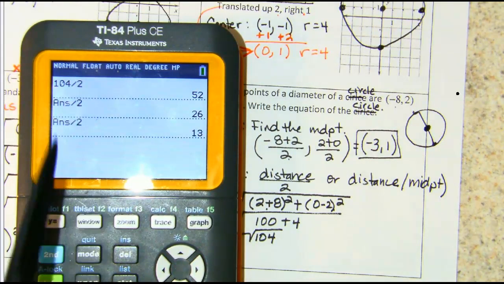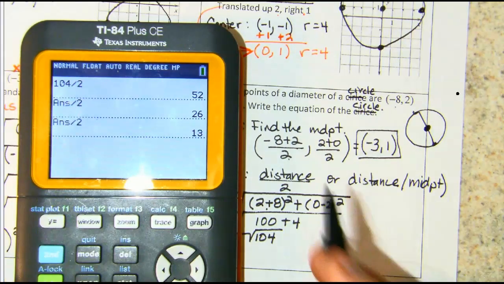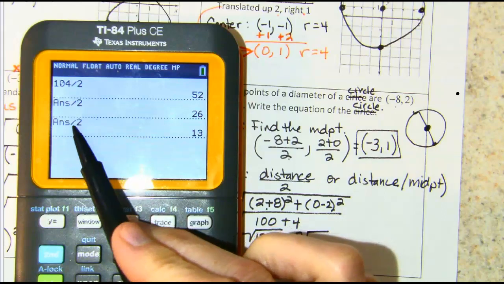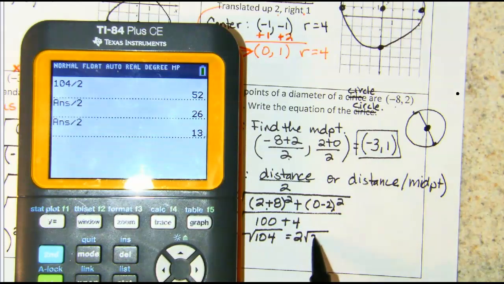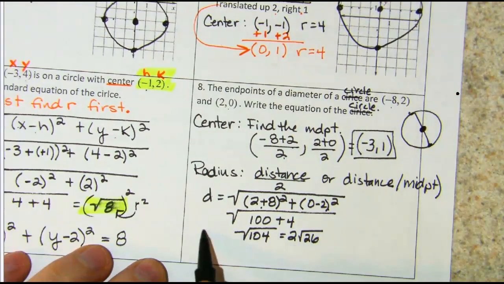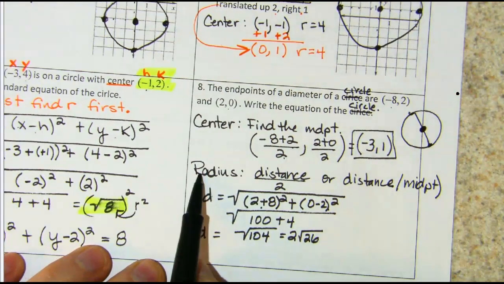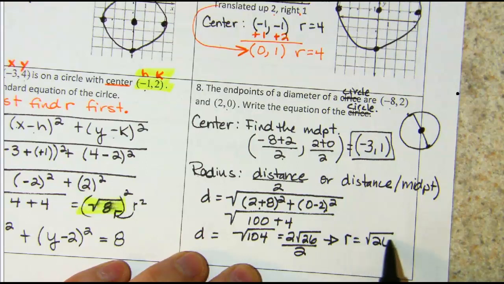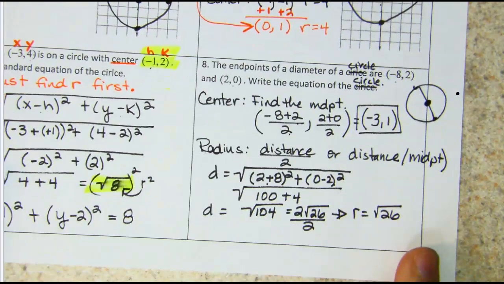Okay, so 2 of these 2's will come out, and then 1 will stay in with the 13, so that is 2 square root 26. Now that is the distance. We are looking for the radius. So to find the radius, we divide this by 2, and the radius is going to equal square root 26.